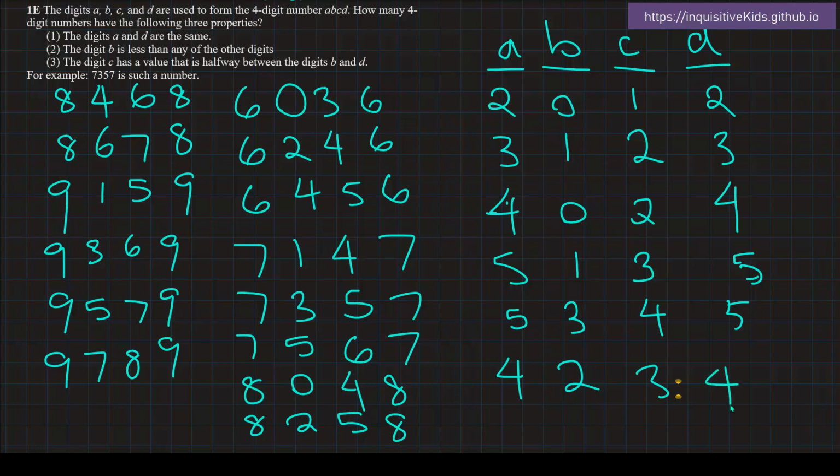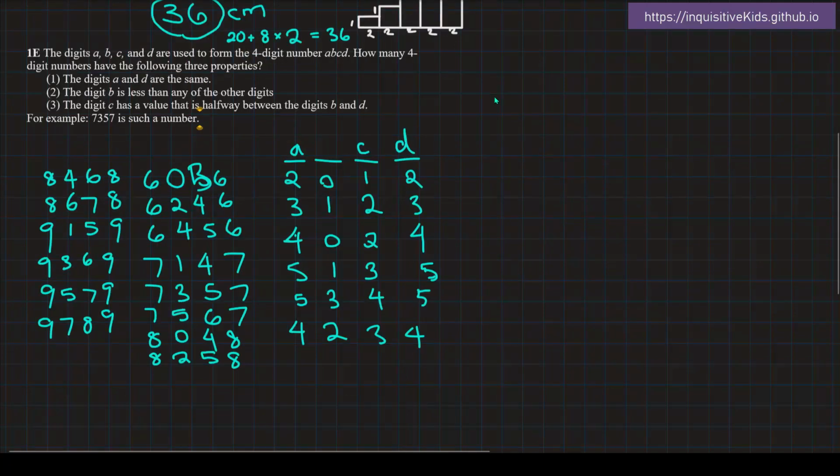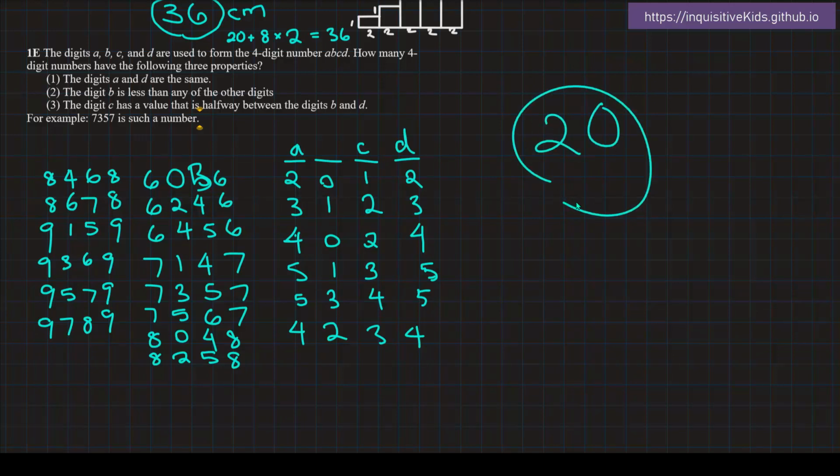See, this is why going back and checking is so important, because you can often find a number that maybe you missed or maybe doesn't work. Now, checking and double checking, we find that our final answer would be 20 numbers. So our final answer for this last question is 20.